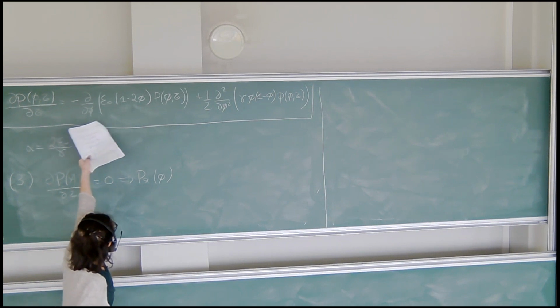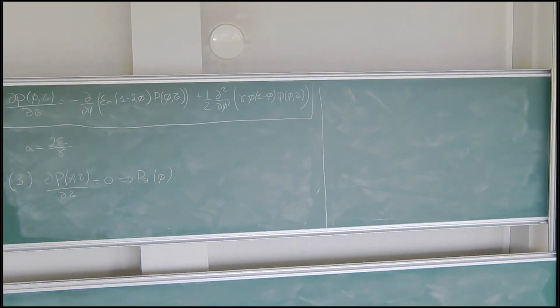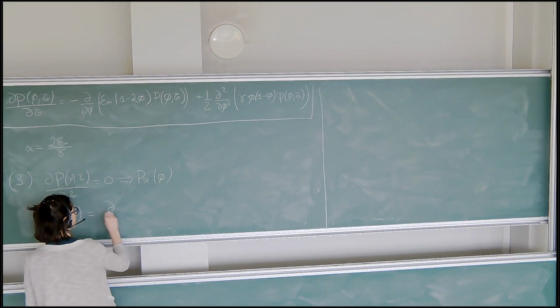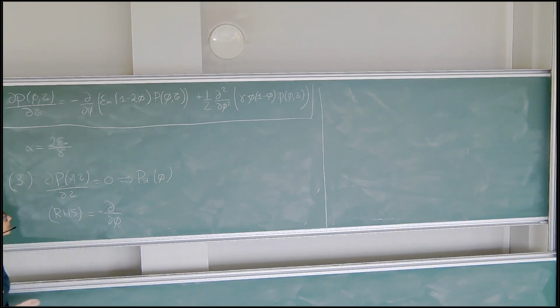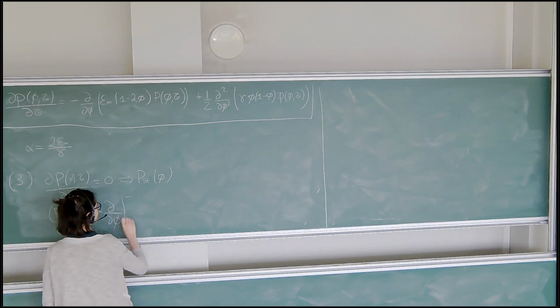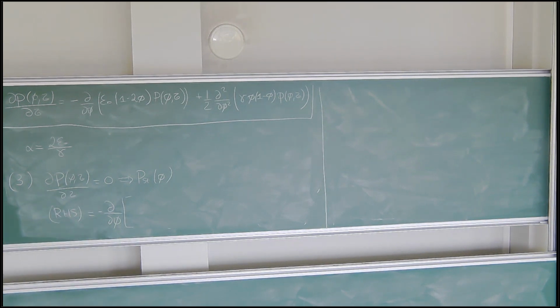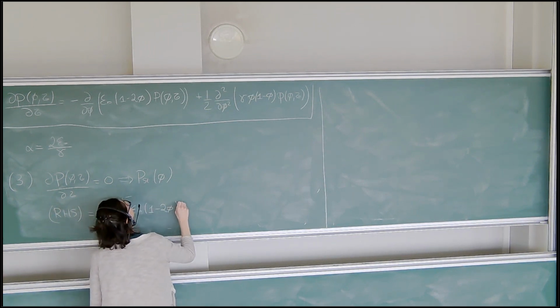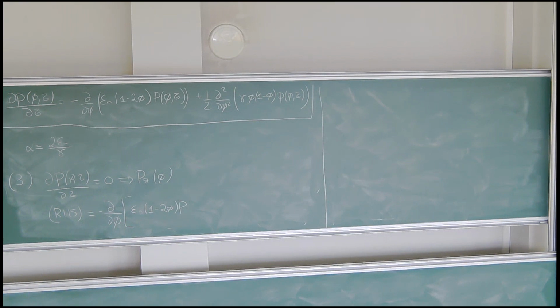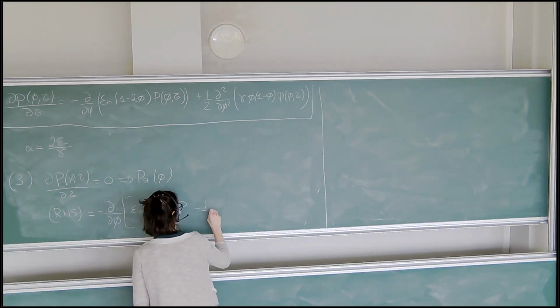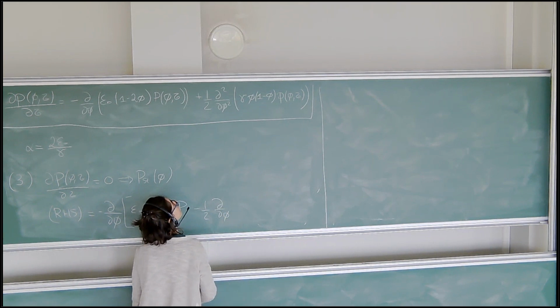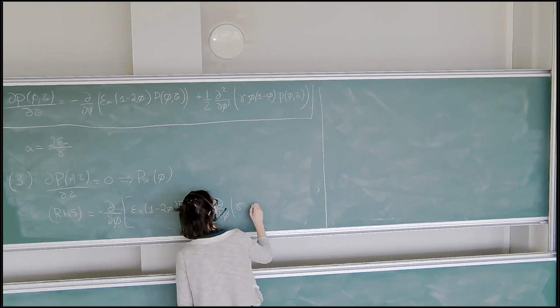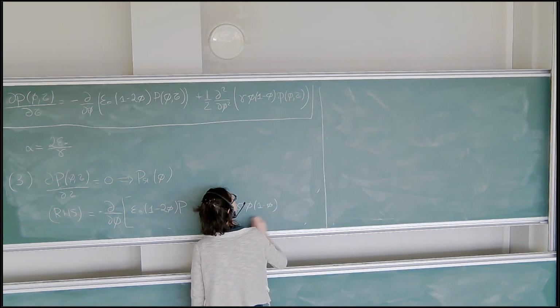The right-hand side contains many derivatives, and I can write it as a global derivative, maybe with a minus, of something that I can call a current. So what is my current? Here is (1 minus 2 phi) times p minus 1/2 d over d phi of gamma phi (1 minus phi) times p.